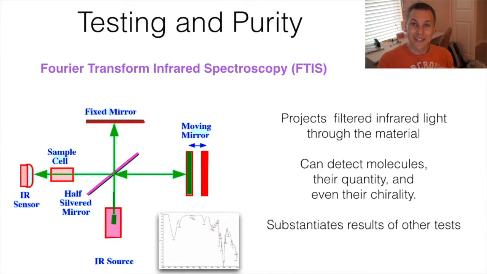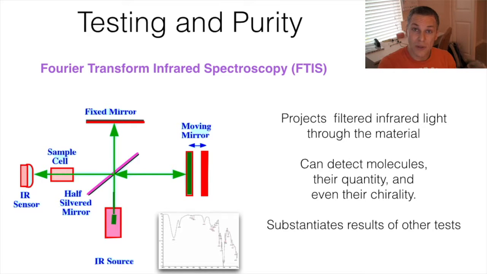It works by projecting infrared light through the substance while it's rotating a mirror, and it can detect the characteristics of the bonds between the different atoms in the sample. It does this by measuring patterns in what infrared radiation is absorbed by the sample and what infrared radiation is allowed to pass through the sample.